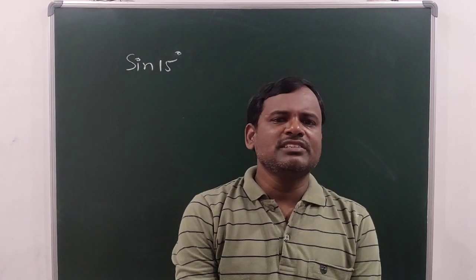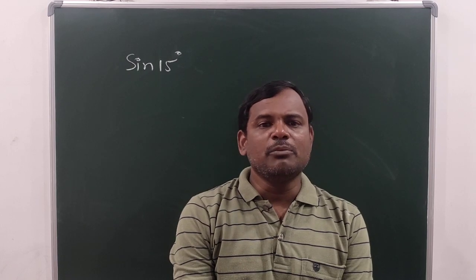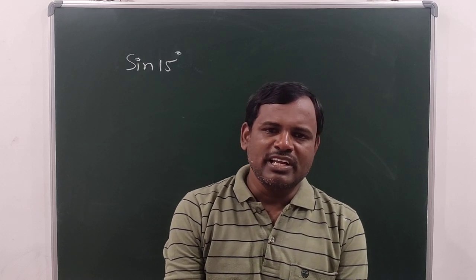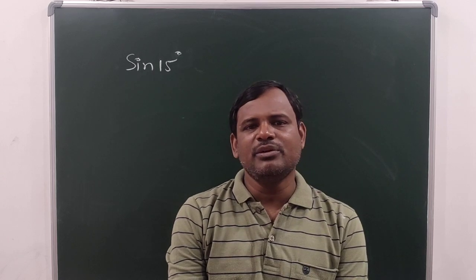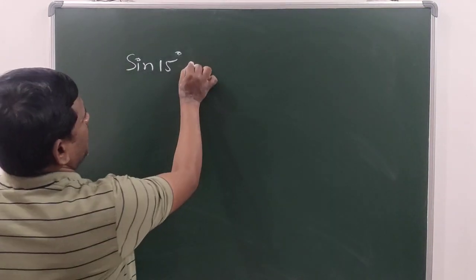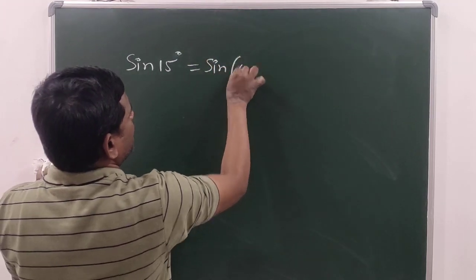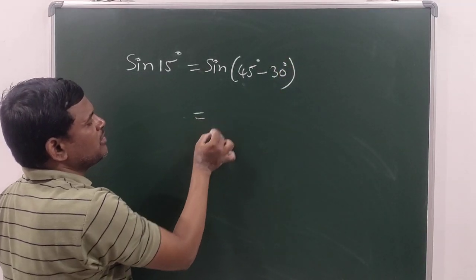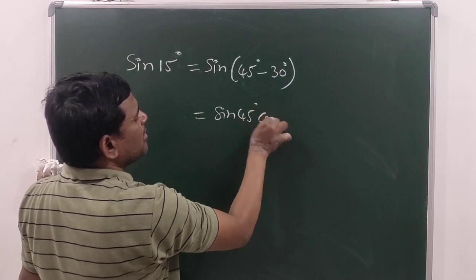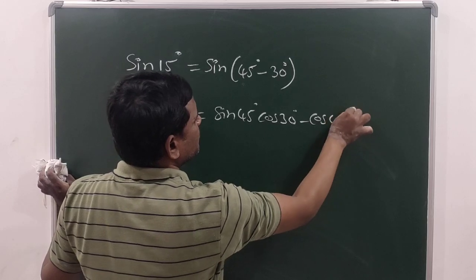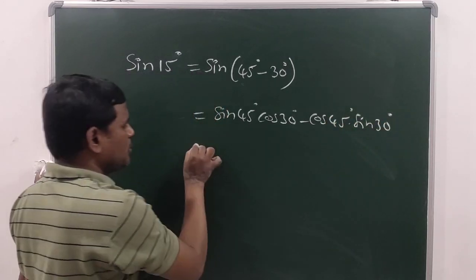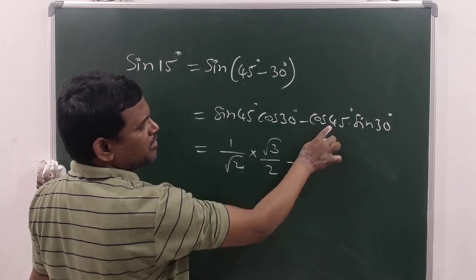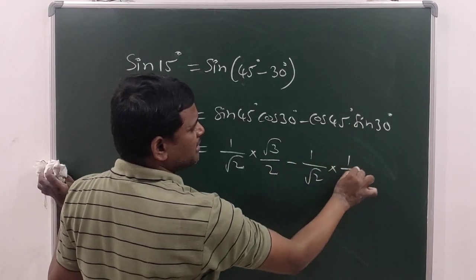To define sine 15, I would like to use the compound angle formula, sine A minus B. You know that sine A minus B is sine A cos B minus cos A sine B. In place of 15 degrees, you can write 45 degrees minus 30 degrees. So sine 45 is 1 by root 2 and cos 30 degrees is root 3 by 2, minus cos 45 which is 1 by root 2 into sine 30 which is 1 by 2.